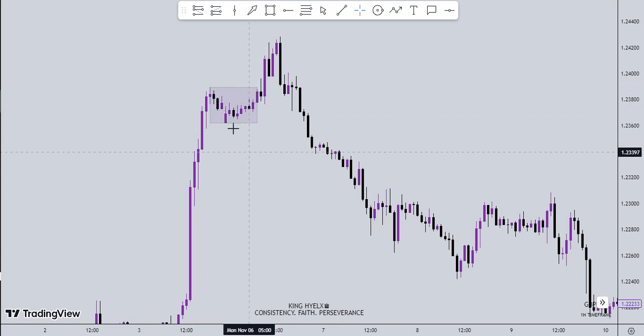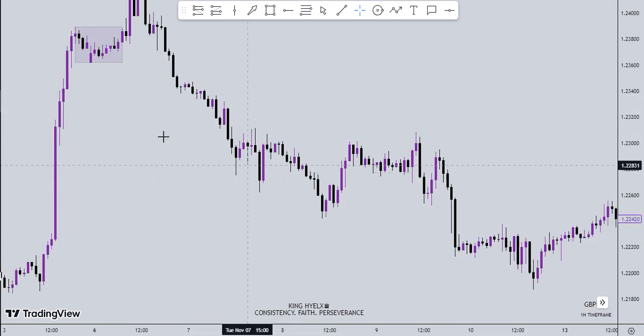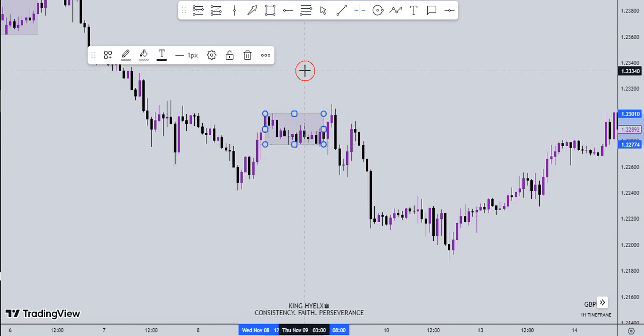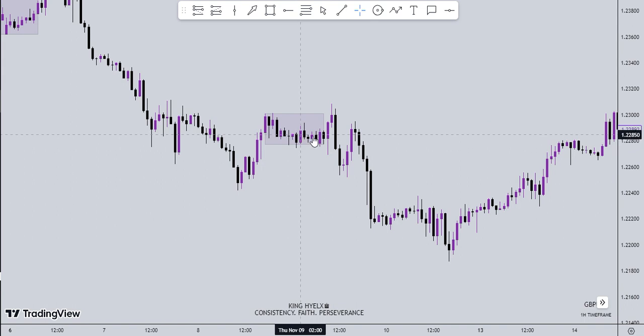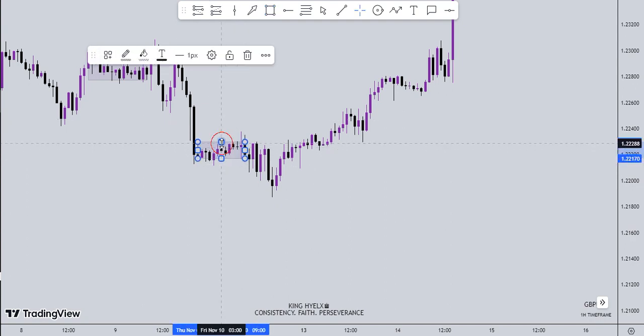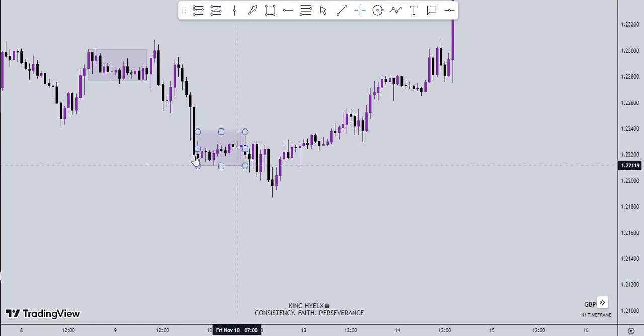Over here, it's also a range, with a low and high, but it was still within this particular range. So that's also a consolidation. This over here is also a consolidation. Another consolidation. You can see that this thing is all over the marketplace.